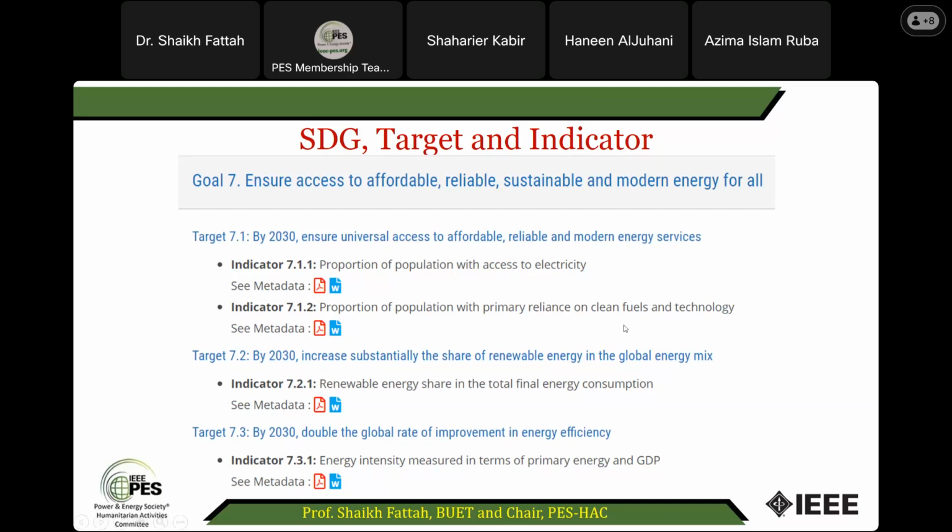Before just telling that you'll be achieving SDG 3 and 7, add more explanation: what's your target and what parameters are you targeting? As you have seen here, renewable energy share is a parameter, and proportion of population with primary reliance on clean fuels is also a parameter.